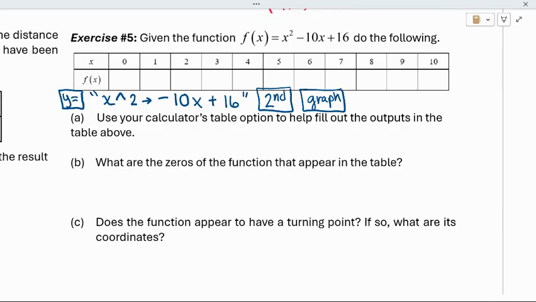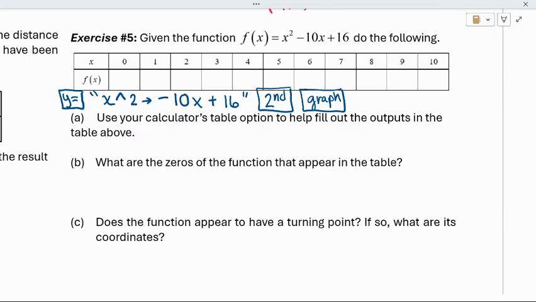Okay, is everybody there? Y equals x caret 2, and then arrow over, minus 10x plus 16.